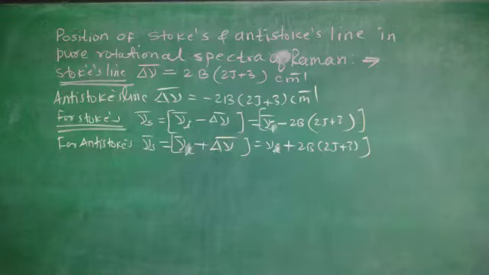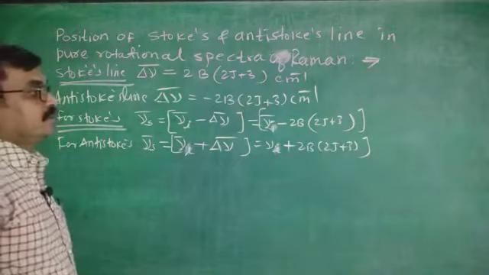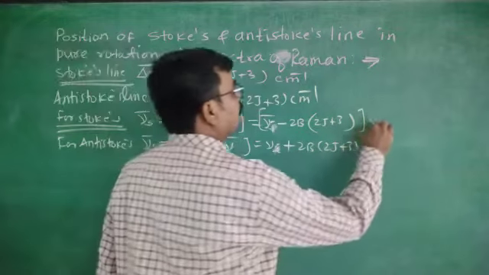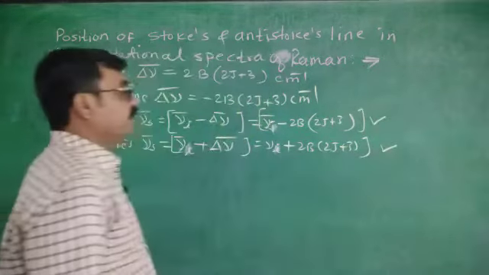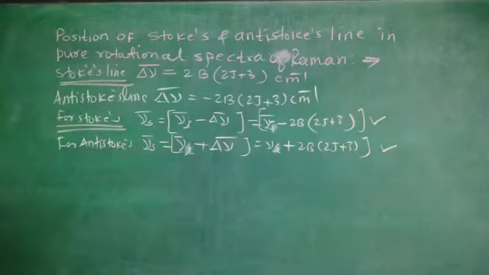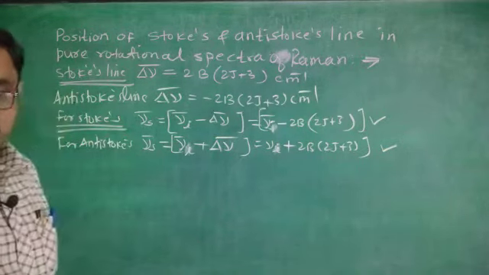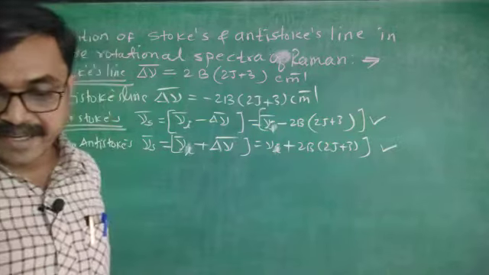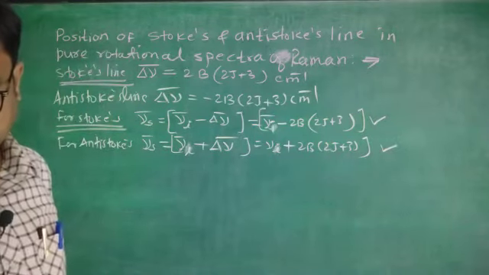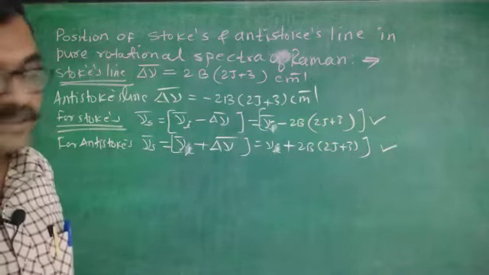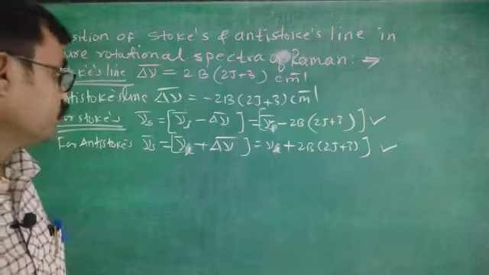Now from these two equations, if you calculate nu s bar for Stokes and for anti-Stokes lines, then you will get different values.